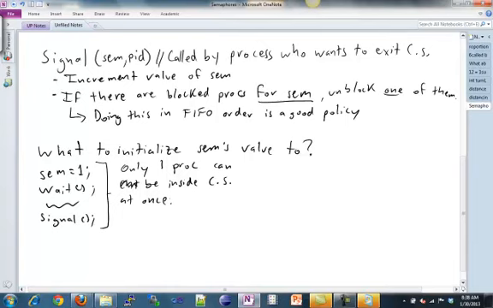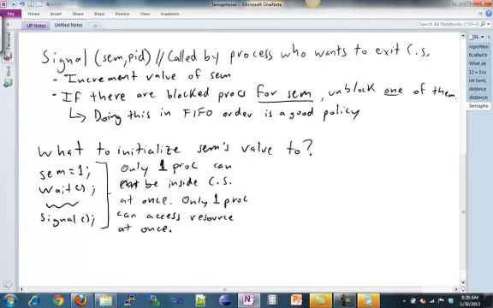Another way to think about it is only one process, and this is supposed to be a 1, can access a resource at once.